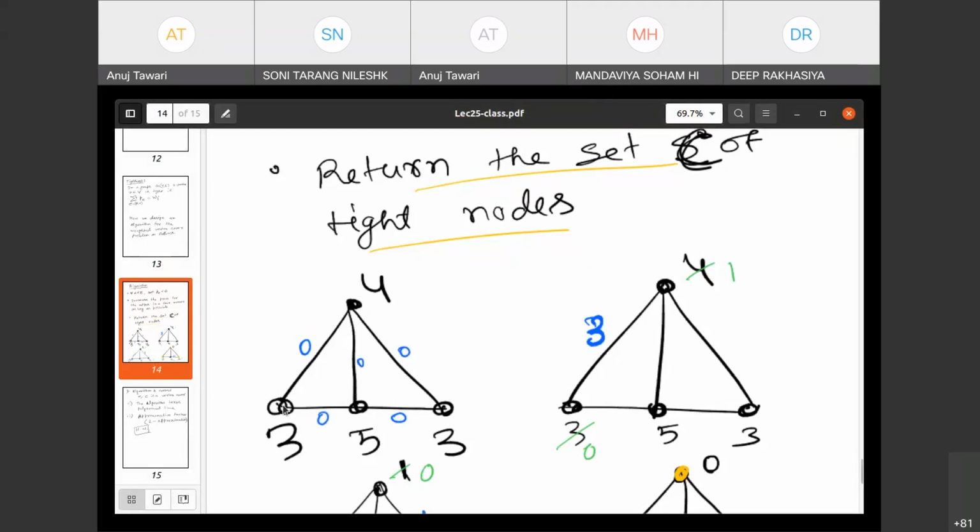Whatever greedy strategy gives us is that we pick the vertices with the minimum weight. So we picked 3, then we picked another 3, then we went to 4. At this stage, we noticed that all the edges are covered, so we don't need to pick any vertex. So you will return a vertex cover of size 10 or weight 10, and you claim that is the minimum weighted vertex cover.